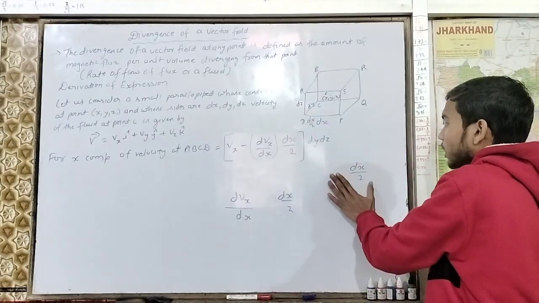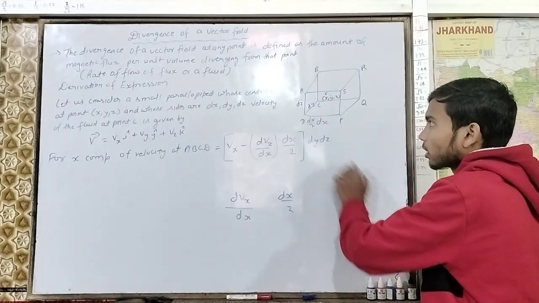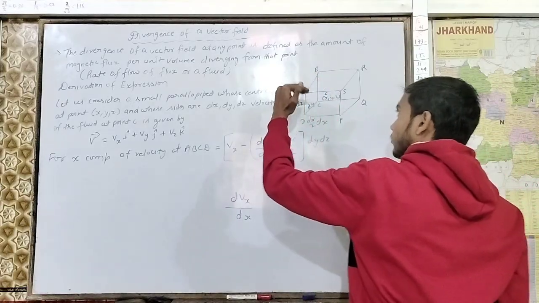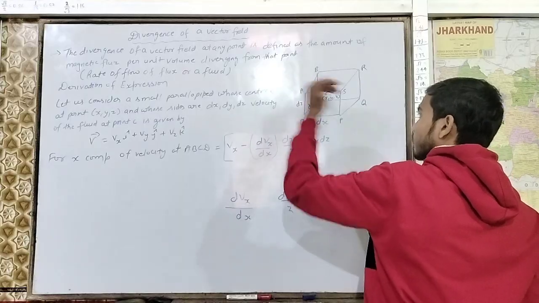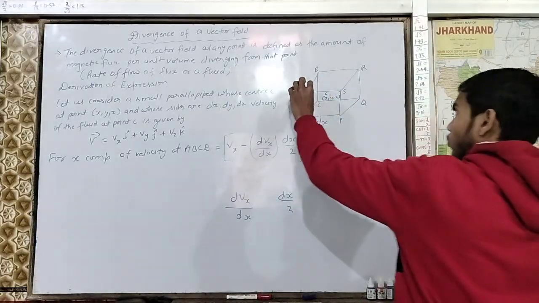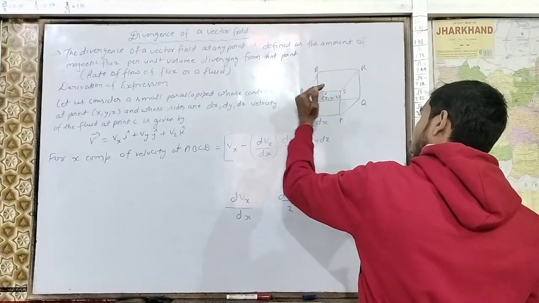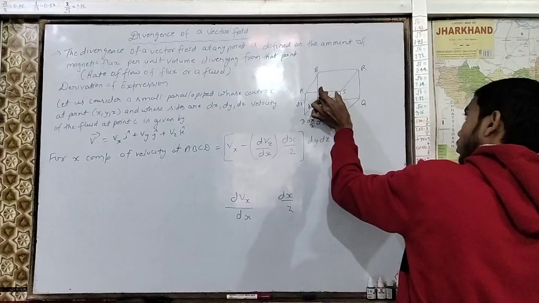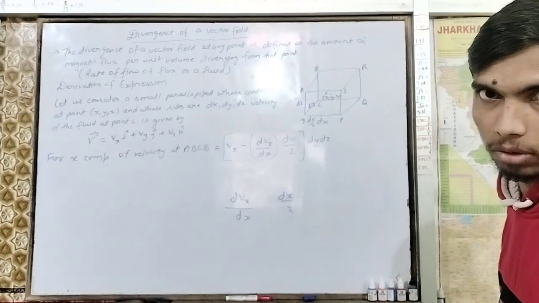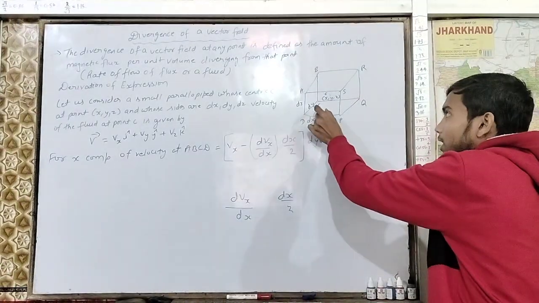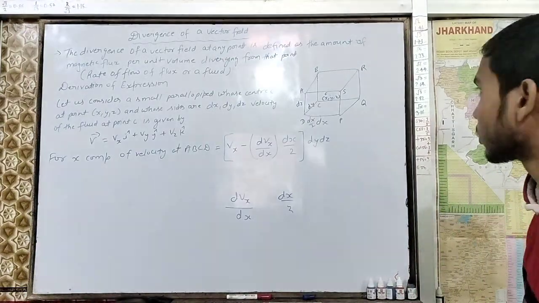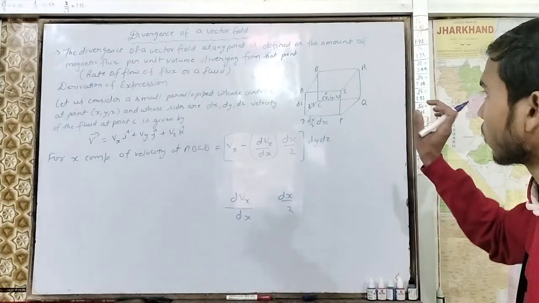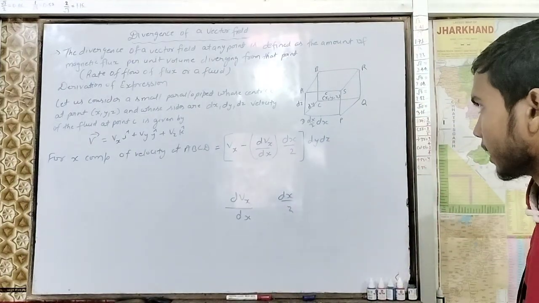When the fluid enters from this surface, a small dx by 2 will go forward. This much will be covered by the fluid. So dx upon 2 is nothing but half the length of dx. Got it?